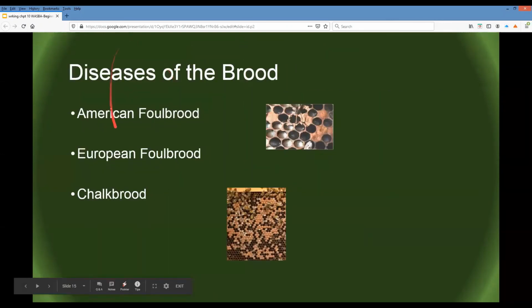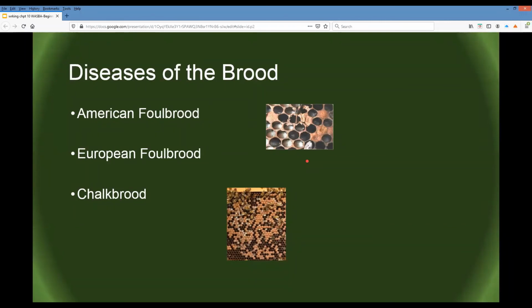So we have some diseases of the brood that can happen. American foul brood is a bacteria spore. Those spores can be in infected honey that is fed to the larvae by the nurse bees. The spores can be dormant up to 70 years, so a long time.